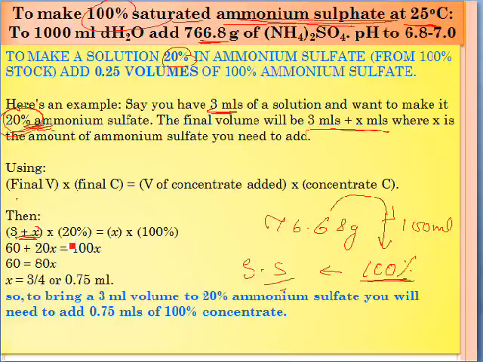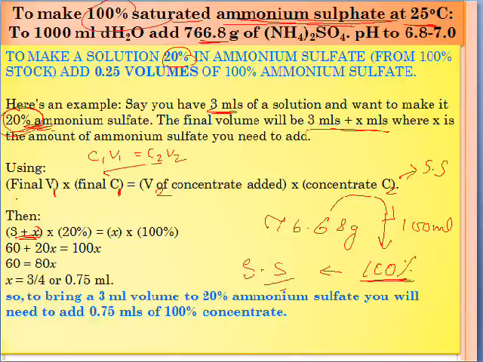Using the formula C1V1 equal to C2V2: V1 is the final volume, C1 is the final concentration that we want to make, V2 is the volume of saturated solution that we will add, and C2 is the concentration of the Stock solution.